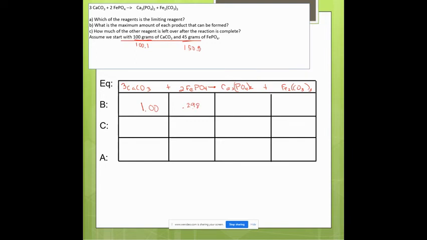You can probably go ahead and, without even figuring out the cloud, you can see that this divided by 2 is going to be way less than this divided by 3. But if we do 1 divided by 3, we end up with 0.33. And then over here, if we take this and divide it by 2, we end up with 0.149.